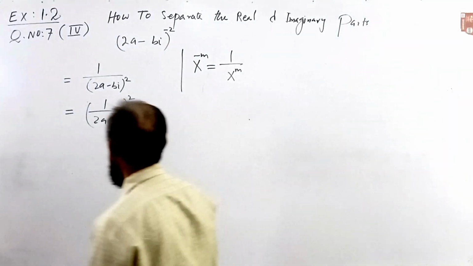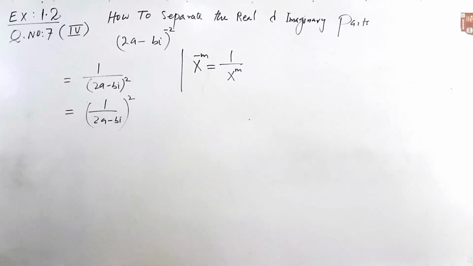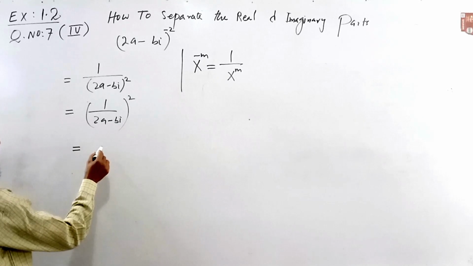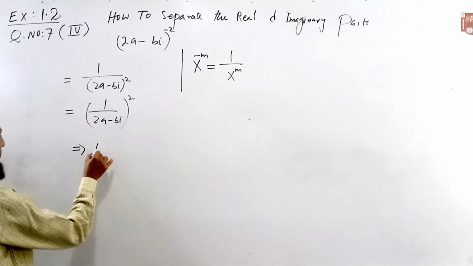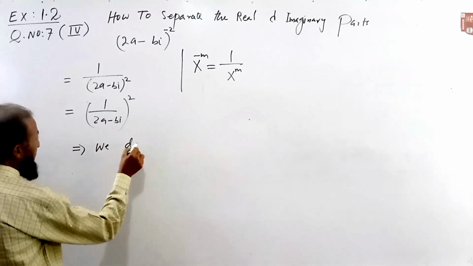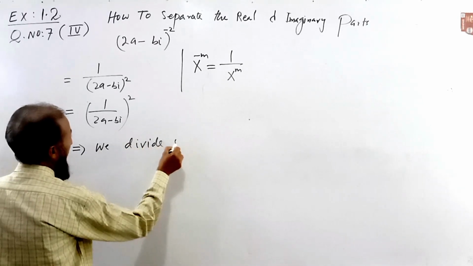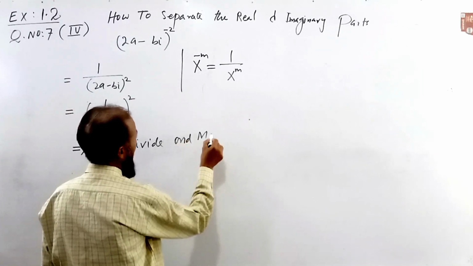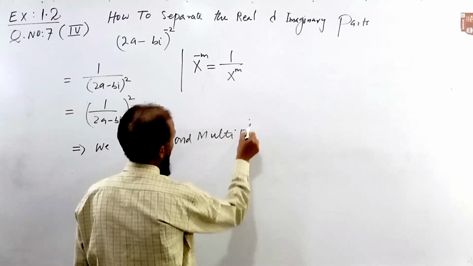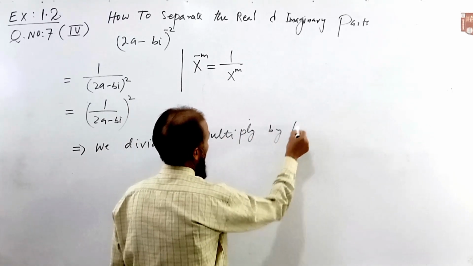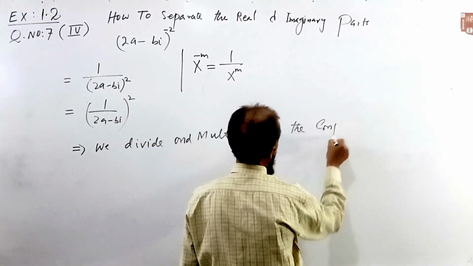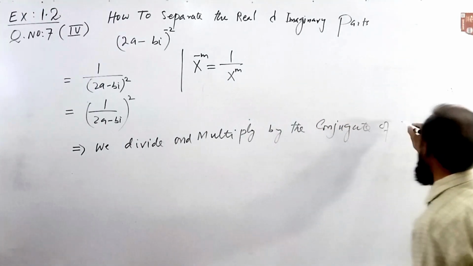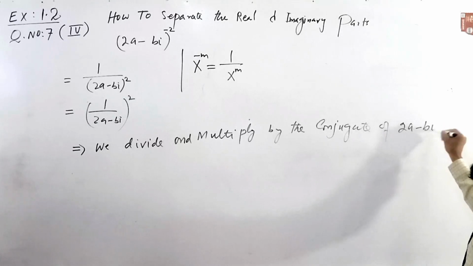The complex number we change into another number. So we multiply and divide by the conjugate of 2a minus bi.